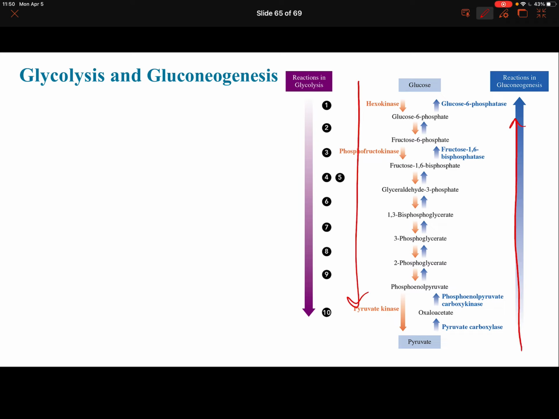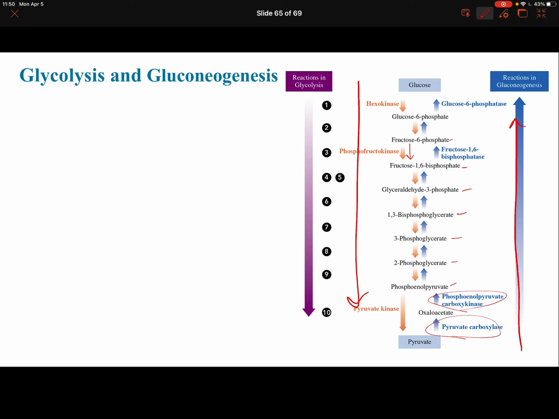Now, it's not exactly a repeat of the same reactions, though some of them are. You can see here in the beginning, there's a couple of different steps, but then once we're at phosphoenolpyruvate, we can actually just reverse the direction of a few of these reactions. The fructose 1,6-bisphosphate, different enzyme to get to the fructose 6-phosphate as opposed to the other direction.